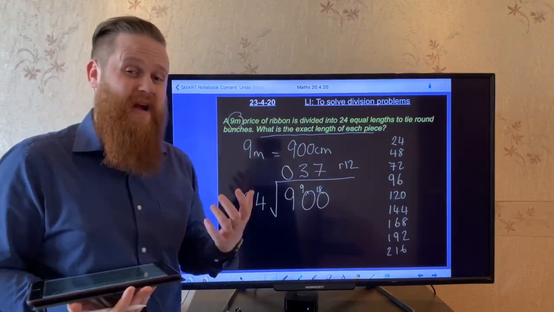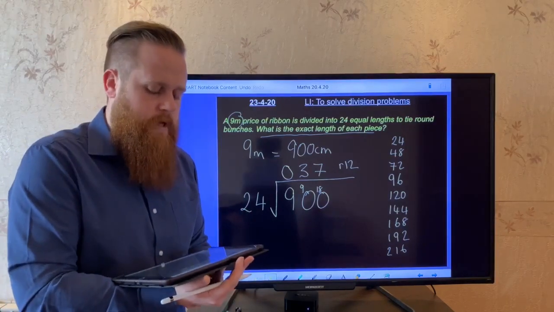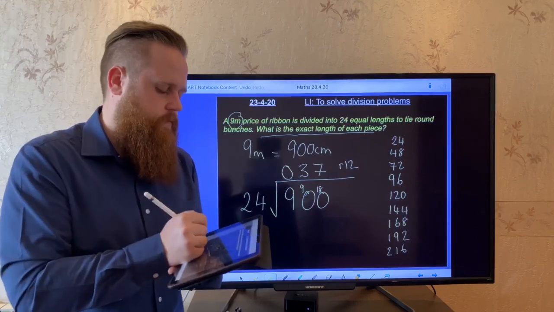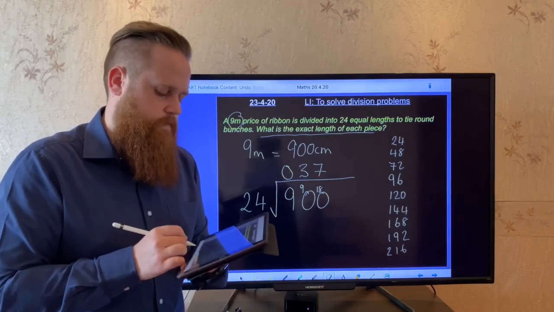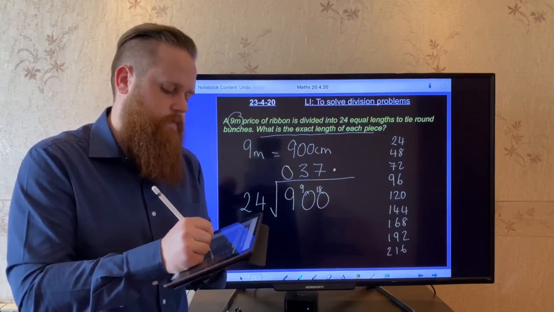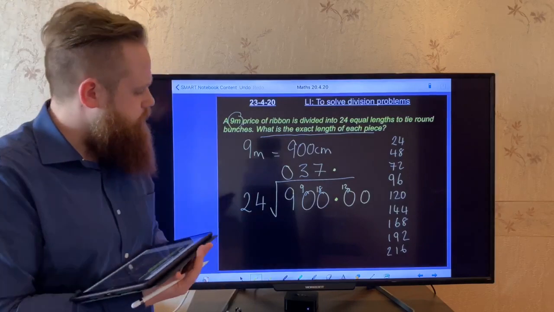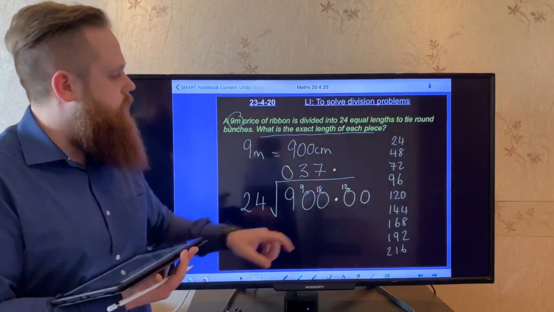I'm going to have to put it into a fraction or most likely a decimal place. Now, there's different ways you could do this. I could go, right, remainder 12. Okay, so what I'm going to do is I am going to take that out, put it in my decimal place, put my 2 zeros, and I'll put my remainder 12, leaving me with 120. 120 divided by 24.